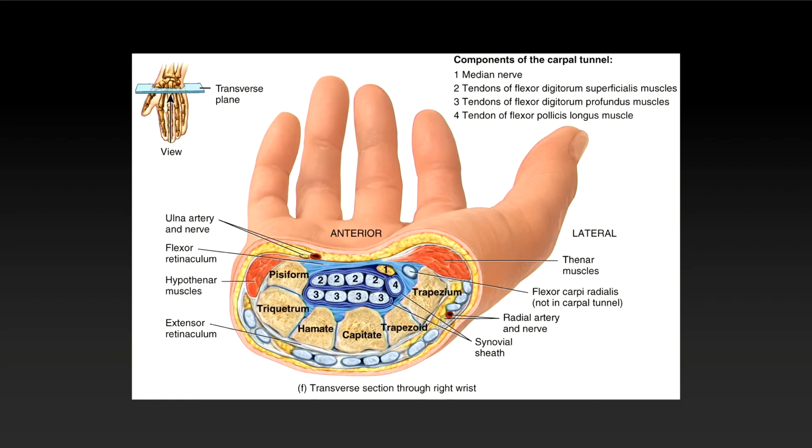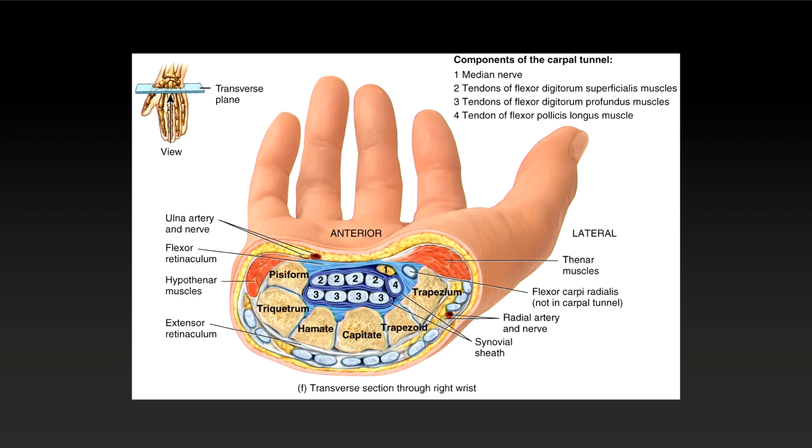And I brought this up just to show you, we talked about the carpal tunnel already. These are the tendons of Flexor Digitorum Superficialis, which we looked at. All the number 2s, I alluded to the profundus, the deeper version of that muscle.